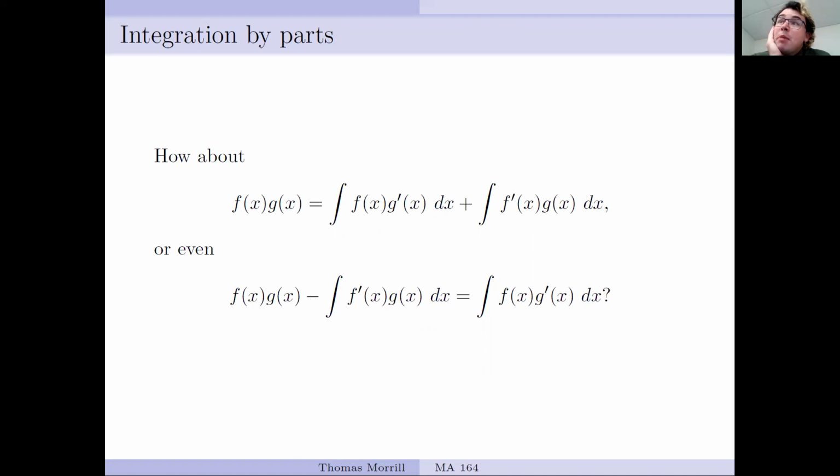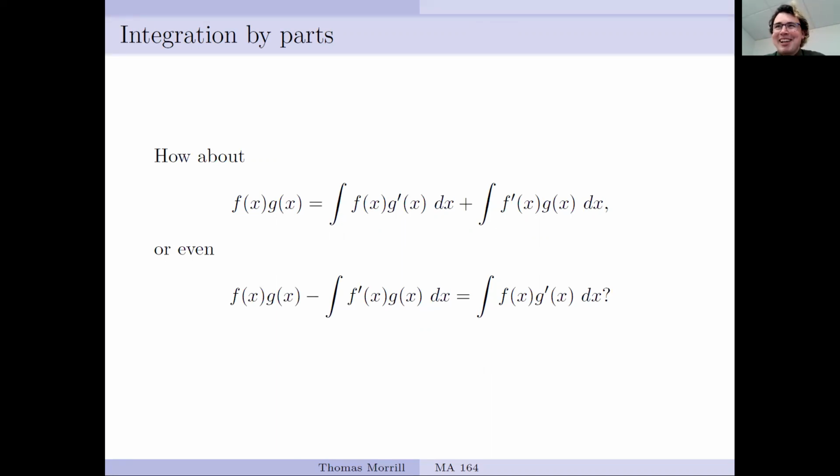But I want my rule to start out with a hard integral, and I'm going to turn that hard integral into an easier integral. That's the way I like my formulas to work. So I'm going to subtract and put one of these integrals onto one side of that equation, and I'll keep the other of those integrals on the other side of the equation.